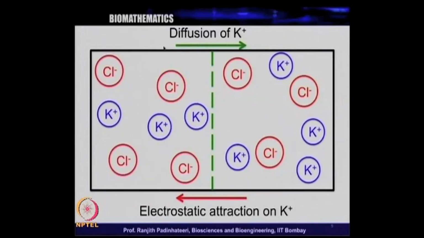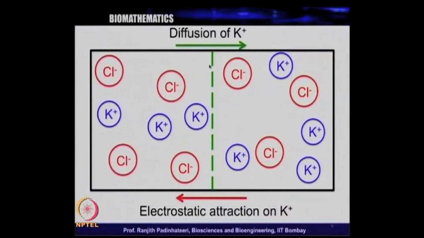As the concentration gradient leads to some flow this way, the more positive charge will build up here and more negative charge here, which will generate an opposite flow. So, there will be two flows, this way and this way.